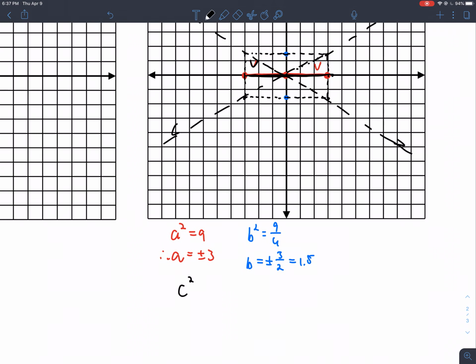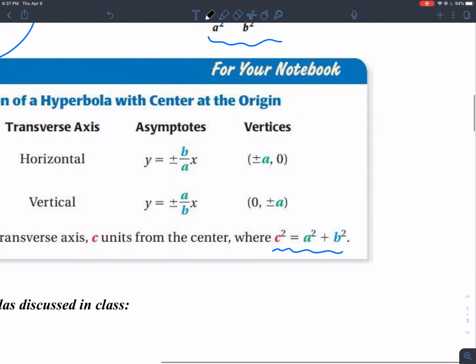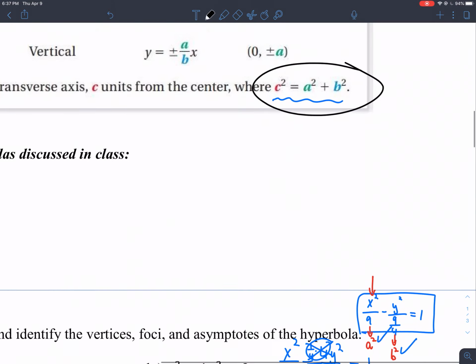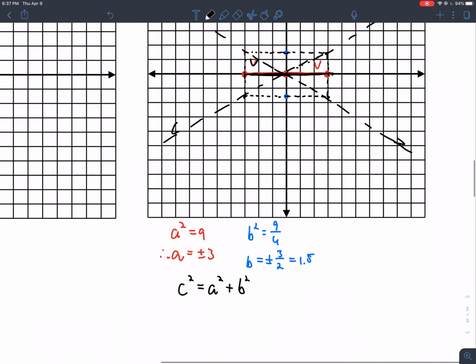So the formula we said is c squared equals a squared plus b squared in this case. Remember from here, c squared equals a squared plus b squared. What we're doing is plugging this in and finding the foci. We didn't even draw the foci yet. So c squared equals a squared, which is 9, plus b squared, which is 9 over 4.